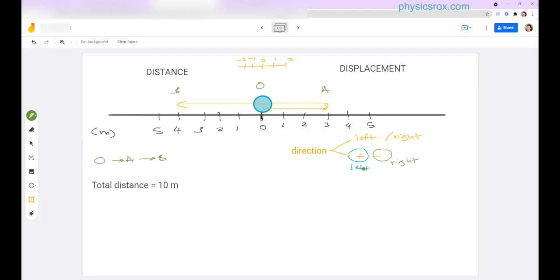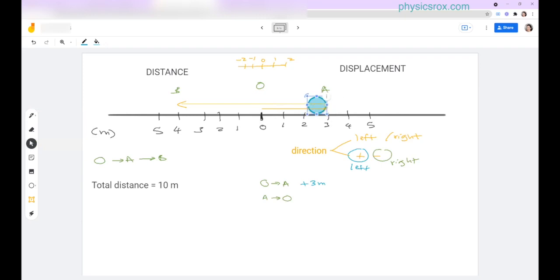So when you look at this situation, O to A is going to the right. So you can write O to A as positive 3 meters. That's the object moving from O, going to A. Then after that, going back from A to O is going to the left.